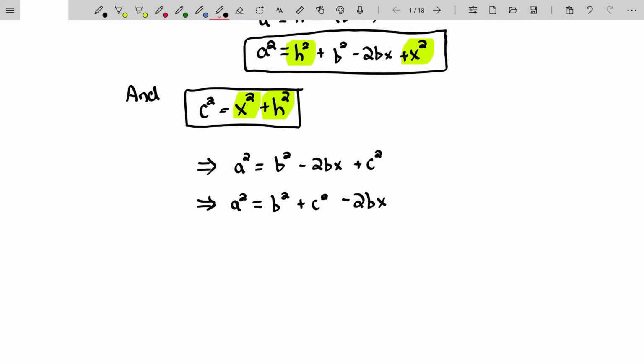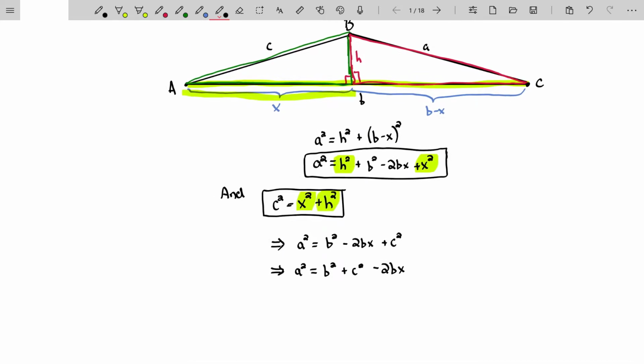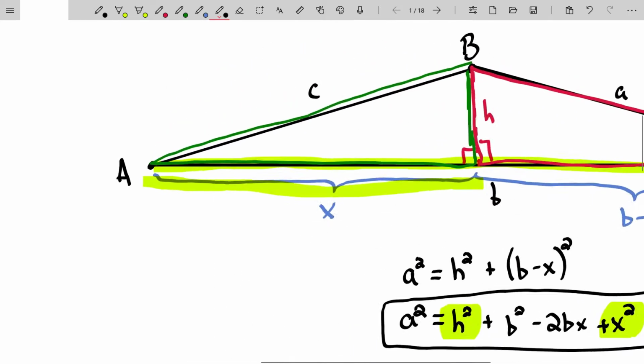Well, X is not too terrible to find. I'll use that green triangle to find out what X is.